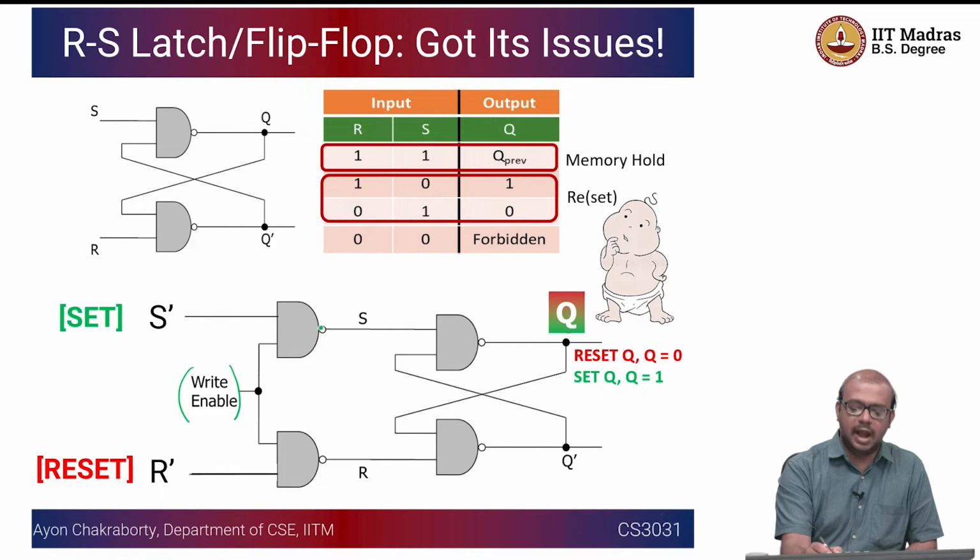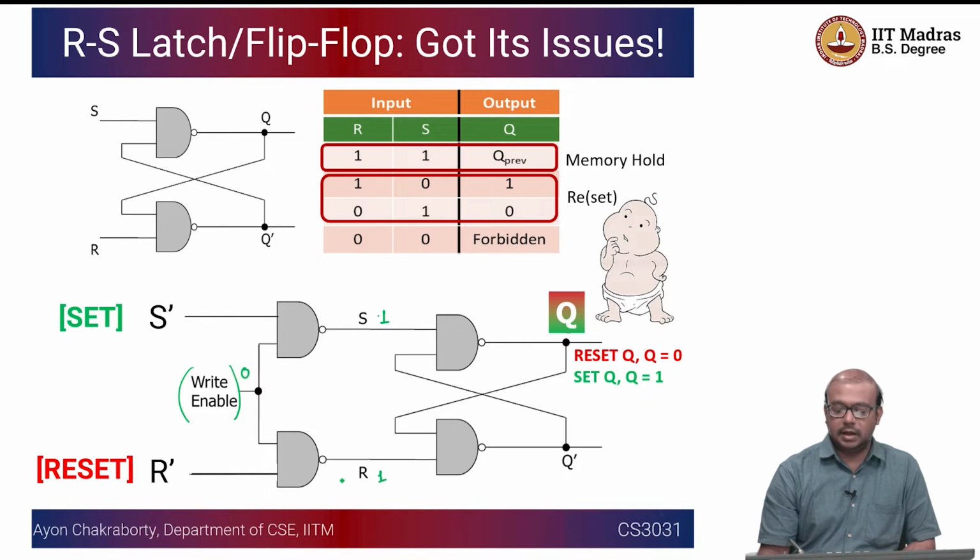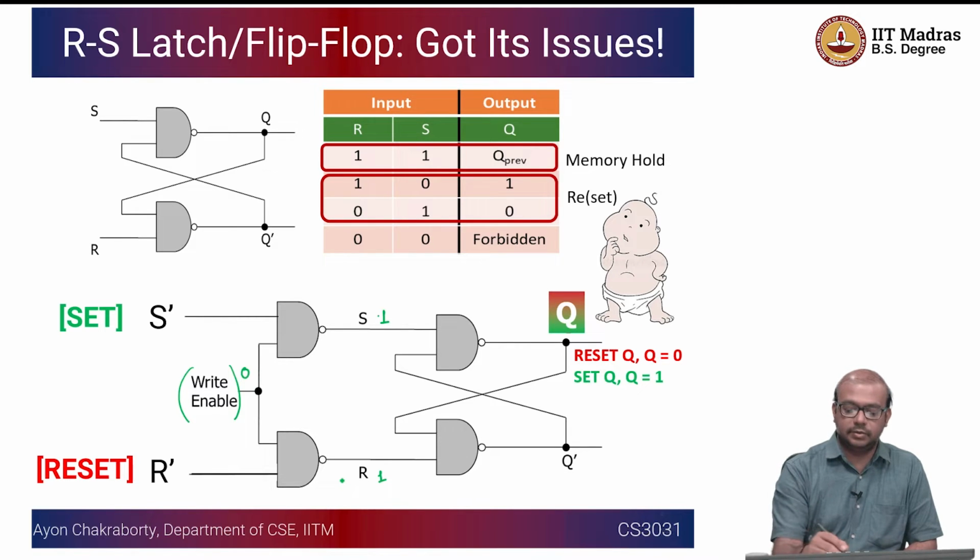We have a NAND gate here to make sure the write enable works. If you put 0 here, this is going to be 1, and this is also going to be 1, which indicates a memory state. So this is just S bar.